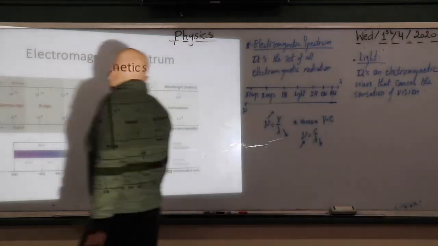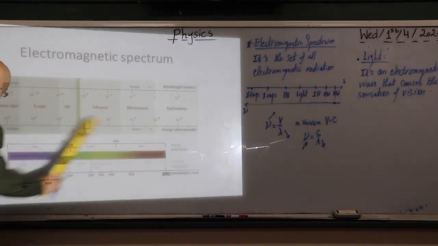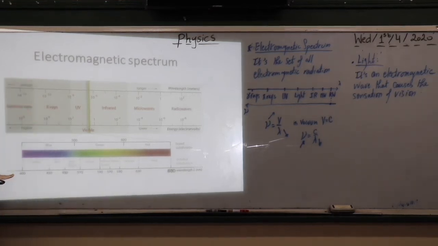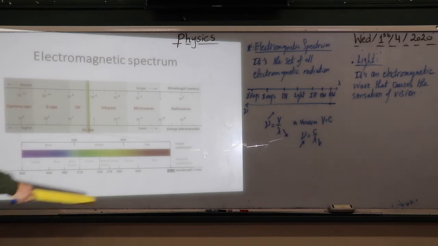All the radiation whose range is between 400 nanometers and 800 nanometers forms the light that we see. From 400 to 800, you have infinite light radiations, and not only 7 colors, as you say. These 7 colors are infinite radiations.